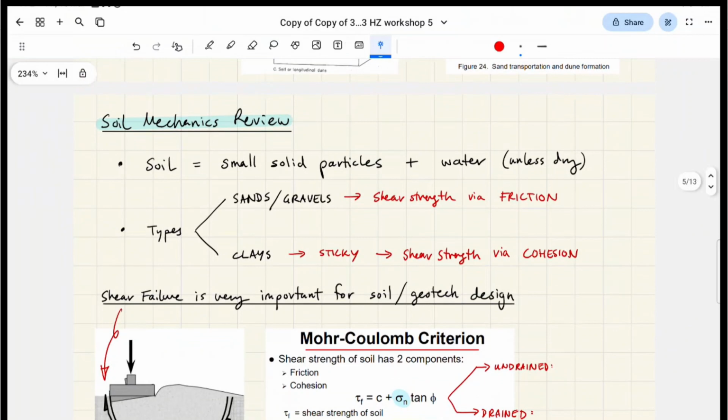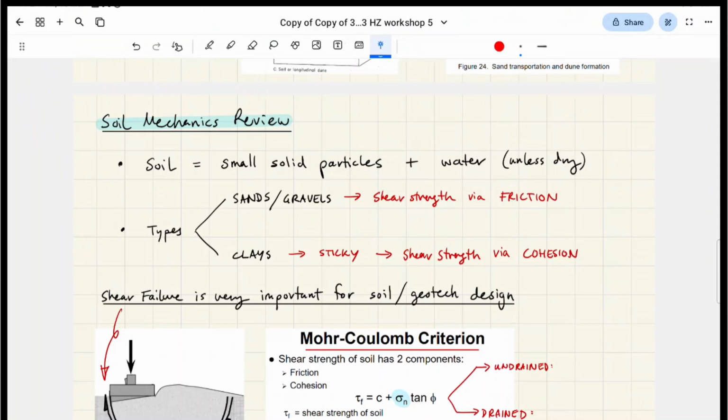Mathematically, we're going to consider two broad types of soils. Sands and gravels, obviously there's other types like silts as well. These types of soil are governed by shear strength via friction.